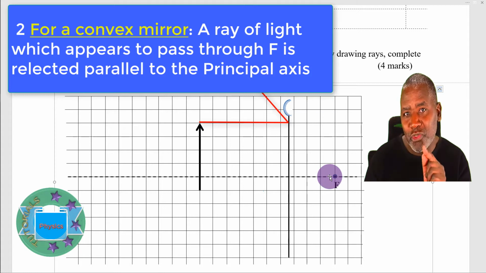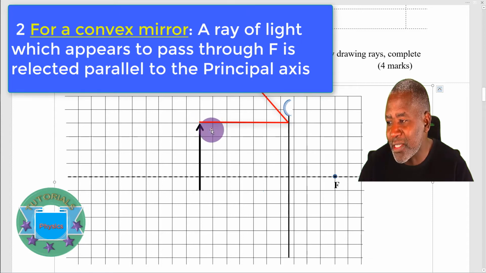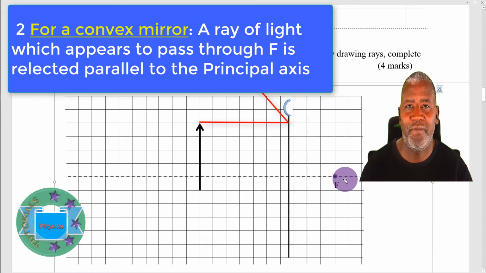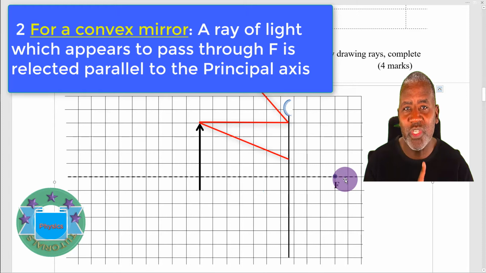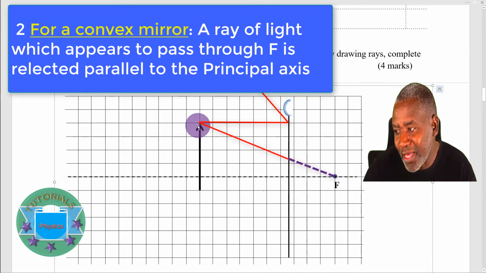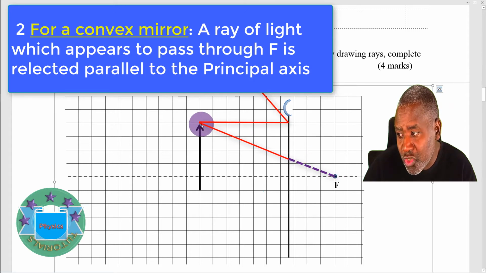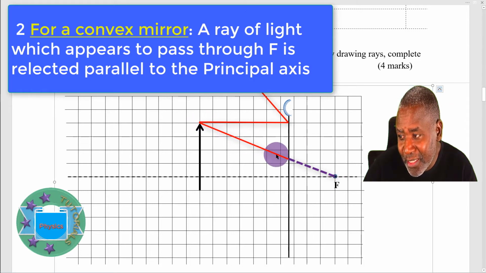When we apply that rule to a convex mirror, the rule goes like this: a ray of light which appears to pass through F. So we align the head of the object with F and then draw a solid ray like that.